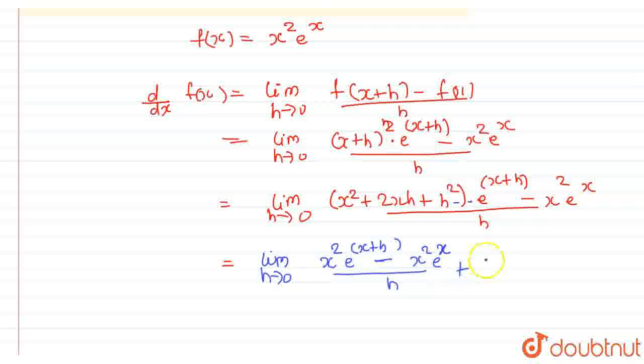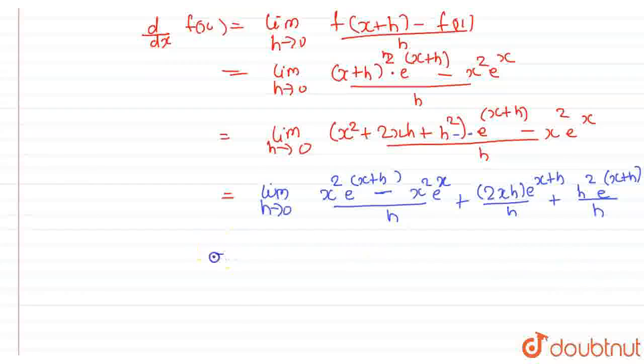Plus this function would be twice of xh e to the power x plus h upon h, and the last one would be h square e to the power x plus h upon h, right students? This is our given function.